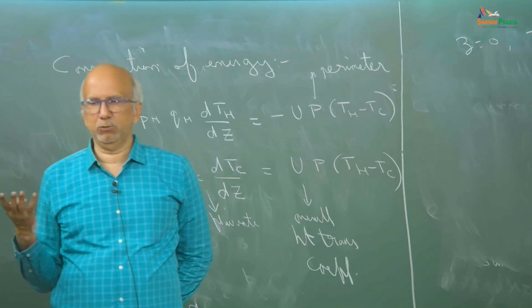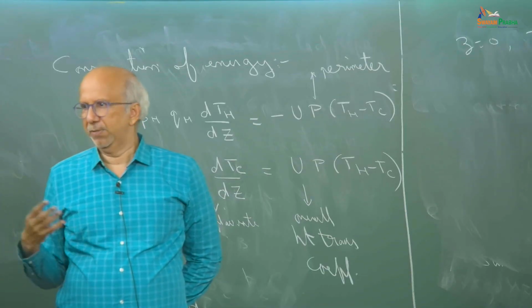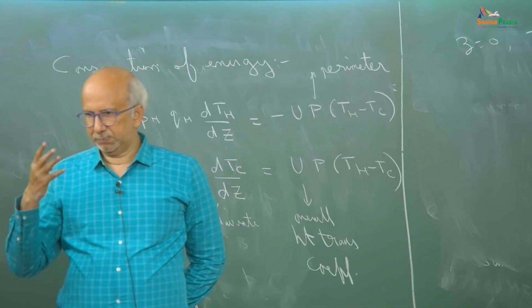There is no difference. Physically we say Z is space and t is time, but as far as mathematics is concerned, I am only looking at whether all the variables are specified at the same point.